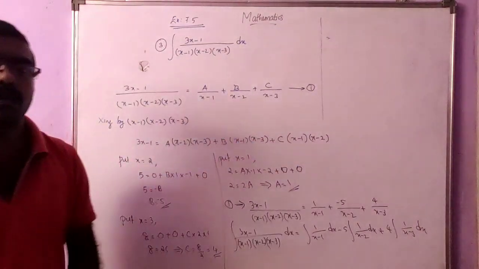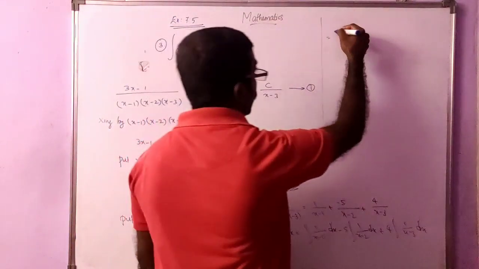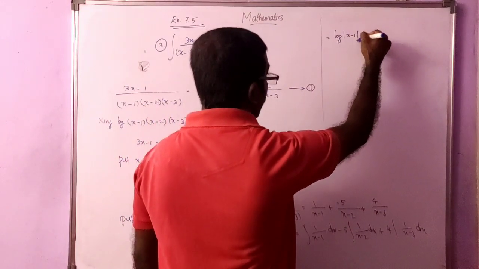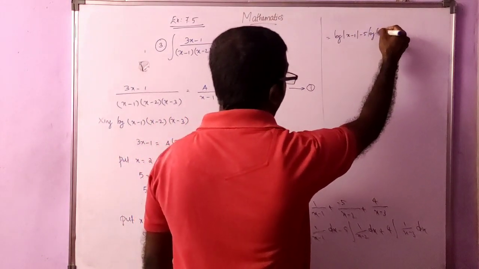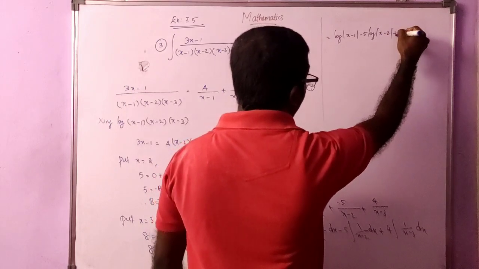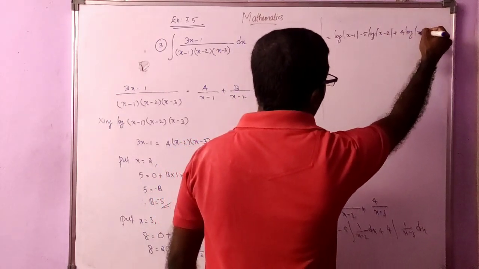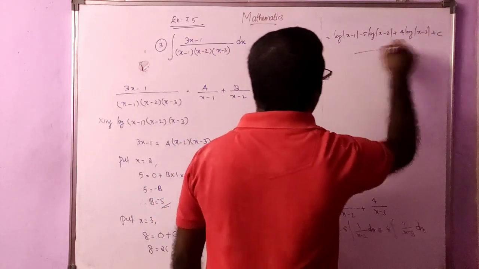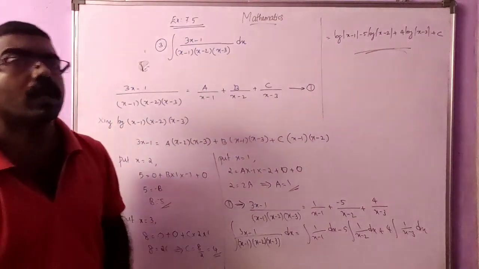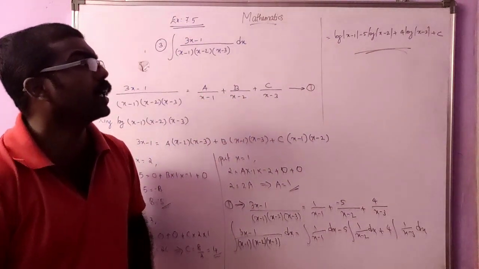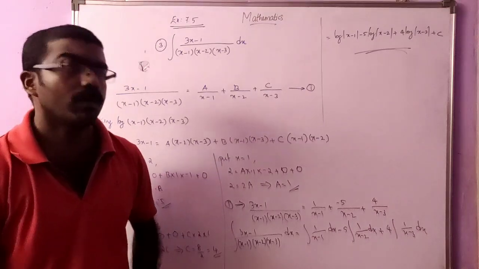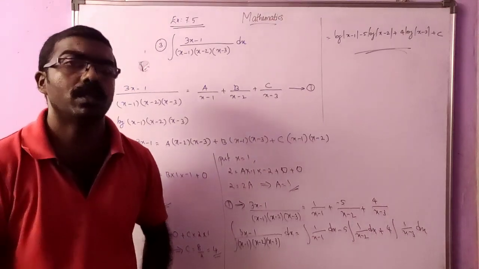Integral 1 by x minus 1 is log mod x minus 1, then minus 5 into log mod x minus 2, then plus 4 into log mod x minus 3 plus c. So our answer is log mod x minus 1 minus 5 log mod x minus 2 plus 4 log mod x minus 3 plus c.